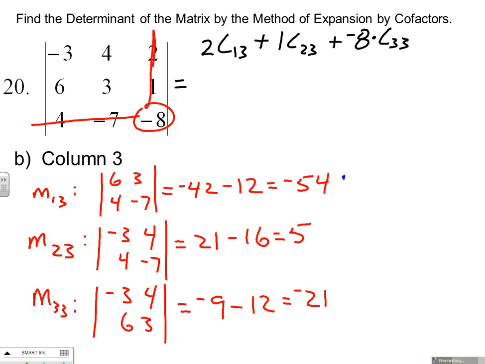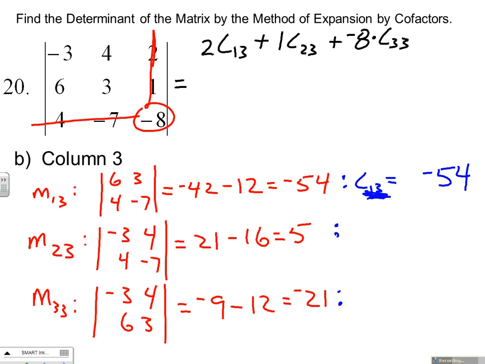Done with that, but we need not minors, we need cofactors. Minors just get us to a spot where we can find cofactors. So cofactor 1, 3 is the same as minor 1, 3, except it's times negative 1 to the fourth. Negative 1 to the fourth is even, so negative 1 to the fourth is positive 1. So positive 1 times negative 54, negative 54.